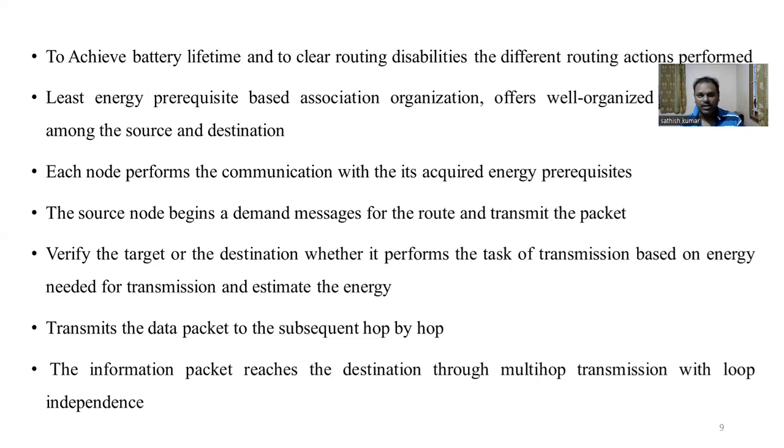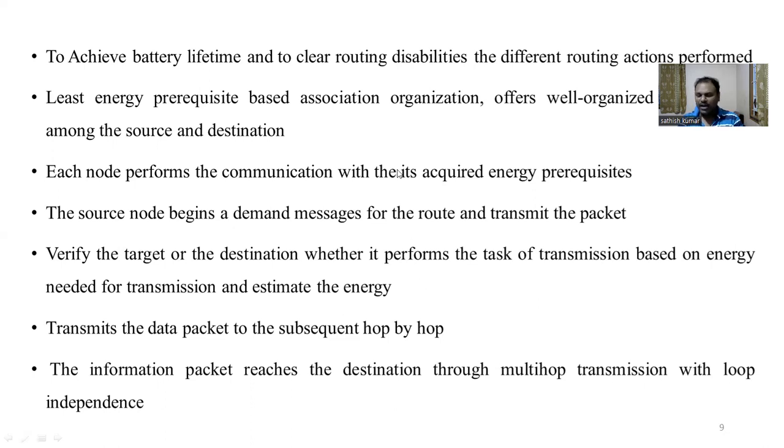Each node performs communication with its acquired energy. The source node begins the demand messages for the route and transmits the packet. They verify the target destination, whether it can perform the transmission based on the energy needed, and estimate the energy.